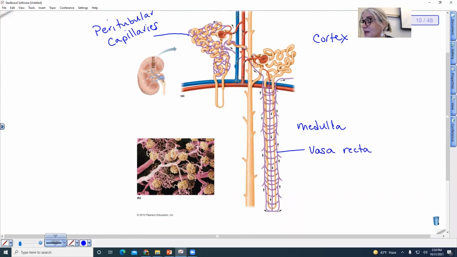These are the capillaries that surround the loop of Henle and help to create a concentration gradient that is going to suck the water out of my loop of Henle and out of my collecting duct, so that I can reabsorb water if I need to conserve it, because water is not plentiful. Okay, so that is the basic structure of the nephrons.